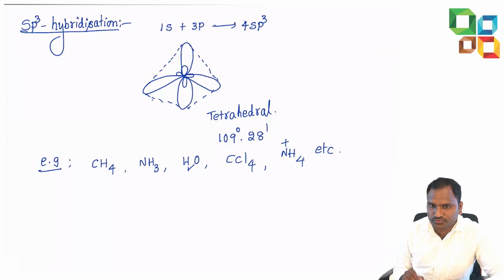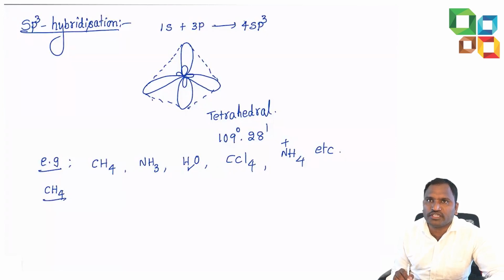Here, CH4. You tell me, students, in CH4, which atom is undergoing hybridization? Carbon. Carbon is undergoing hybridization.